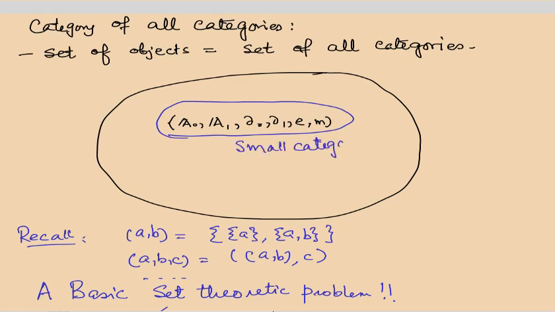And then only you can have a set which contains them. The moment this becomes large, you cannot have a set which contains any one of them.